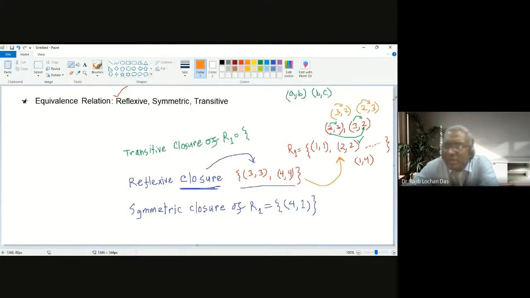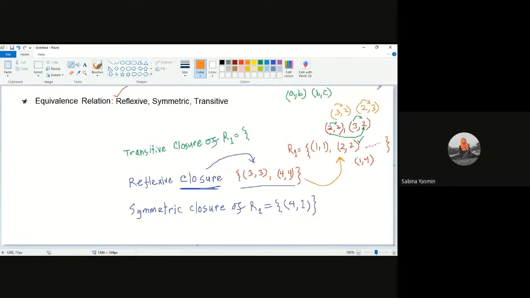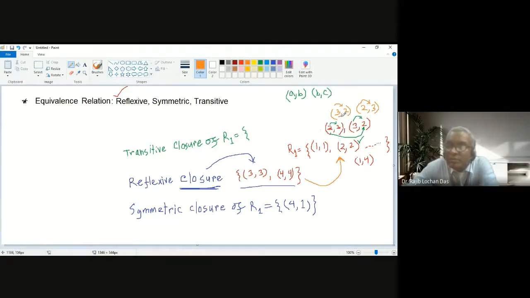So what should be the third item? 3, 3. So do you have 3, 3? No. In this case, 3, 3 is not included. So we need 3, 3. Otherwise, it is not transitive.